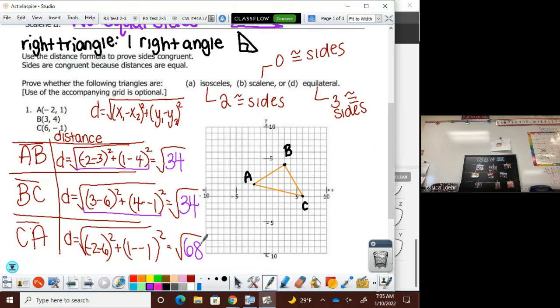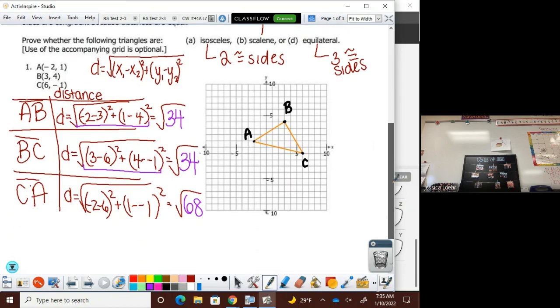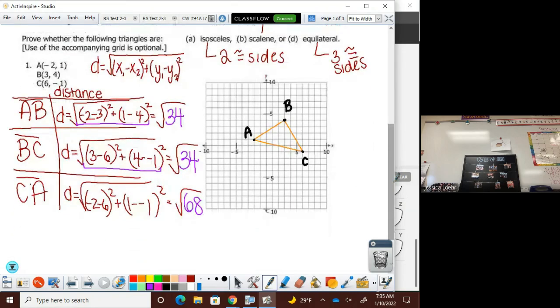So what type of triangle is this? Brenna. Isosceles. Isosceles, very good, because it has 2 equal sides. So the way you're going to write that is AB is congruent to BC because their lengths are equal.